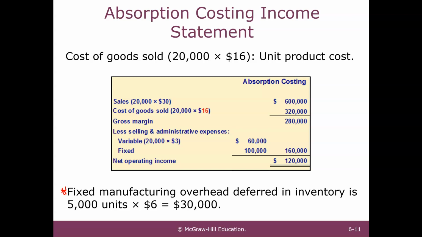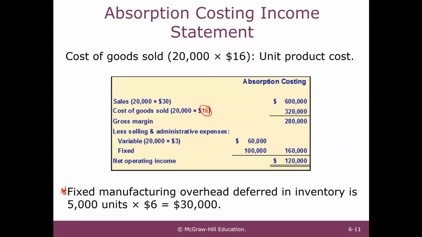Here's the income statement for absorption costing. You have the same sales, and then you subtract cost of goods sold. Cost of goods sold is $16. Under variable costing, the cost was $10. Under absorption costing, the cost is $16 because it is including $6 of fixed manufacturing overhead.